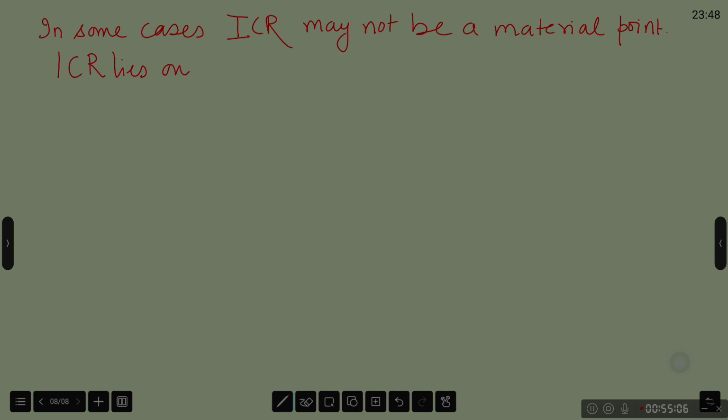What do we mean by massless extension of the rigid body?